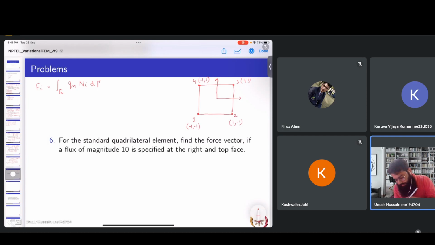So we break it down into four integrals, one for each edge, and since there's no flux on the bottom and left face, we'll only have 2-3 and 3-4.